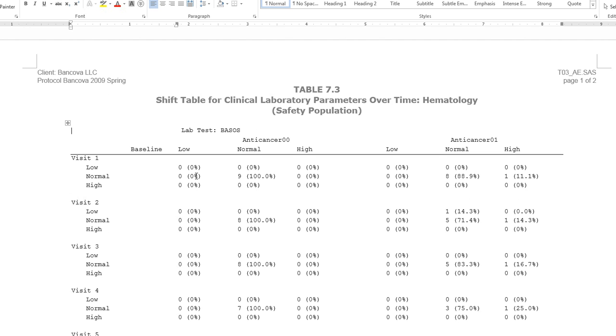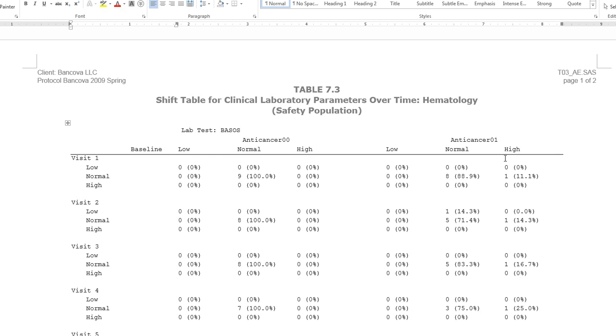We can track the change for each parameter, from low to low, low to normal. In this unit, all 9 subjects stay in normal to normal. In treatment 1, this one has 8 records staying normal to normal, but 1 changed from high to normal.